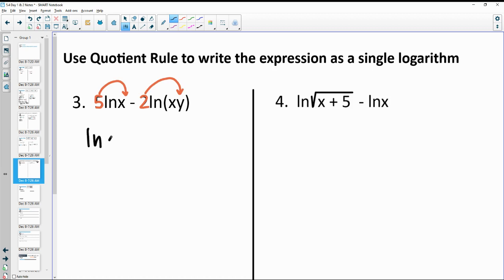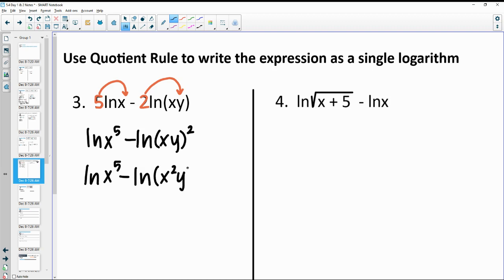So then this is going to be ln of x to the 5th minus ln of xy squared. So this 2 is going to go to both of these. So I'll just write it out like that so you can see this. So it's ln of x to the 5th minus ln of x squared y squared, because that's going to go to both of those.